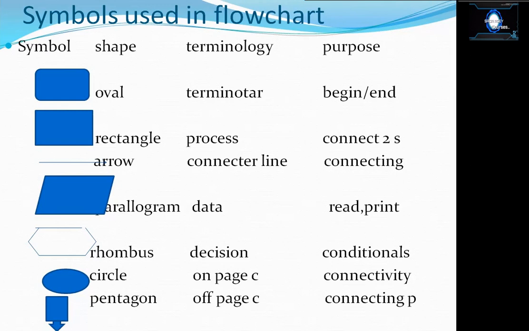The rhombus is used for decision making, for conditionals. The circle is for on-page connector, whereas the pentagon is for off-page connector. This is about the total concepts of implementing programming methodology.